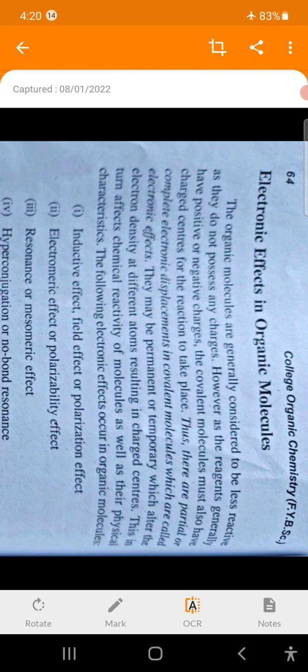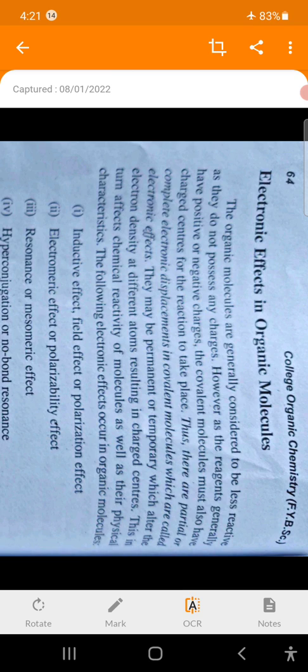The atoms in a molecule are of different electronegativity, and because of the difference in electronegativity, the atom which is more electronegative pulls the bonding electrons, that electron cloud, towards itself, and therefore acquires a partial negative charge in that molecule, and the less electronegative atom, that is the electropositive atom, acquires a partial positive charge in the same molecule.